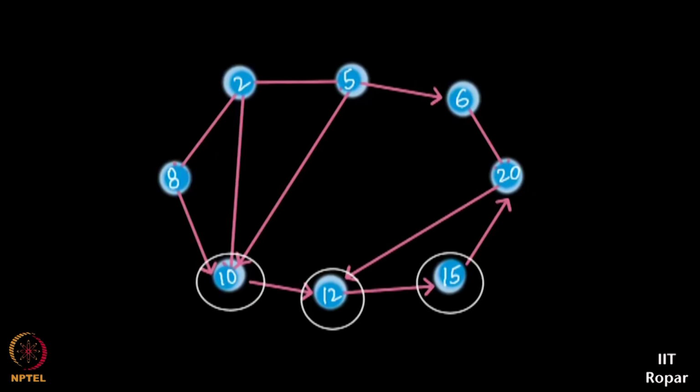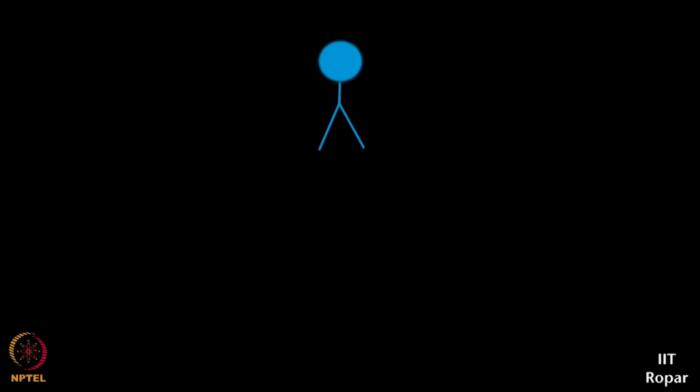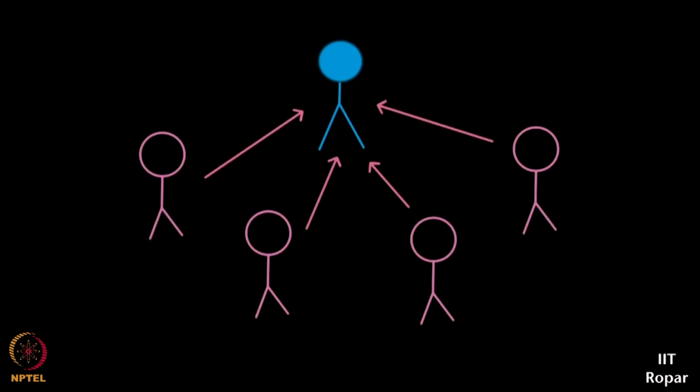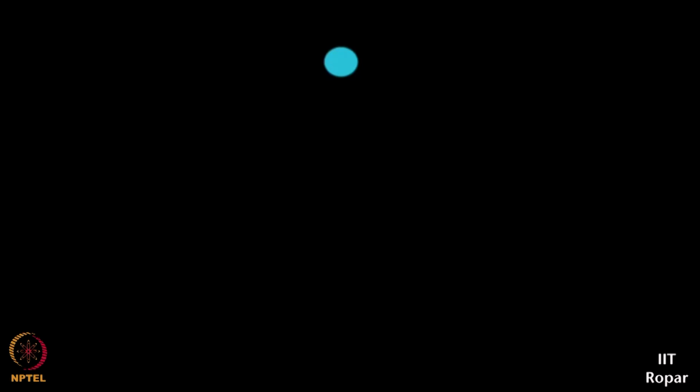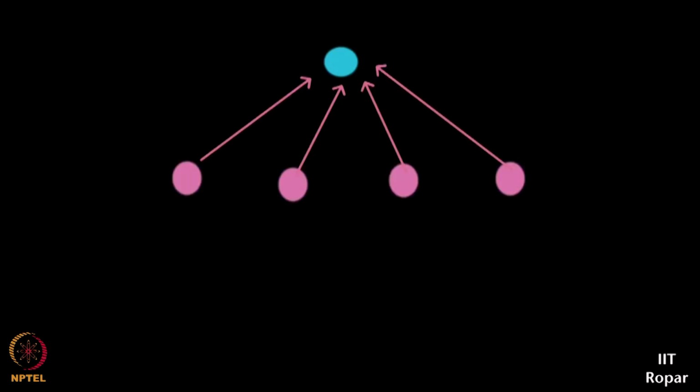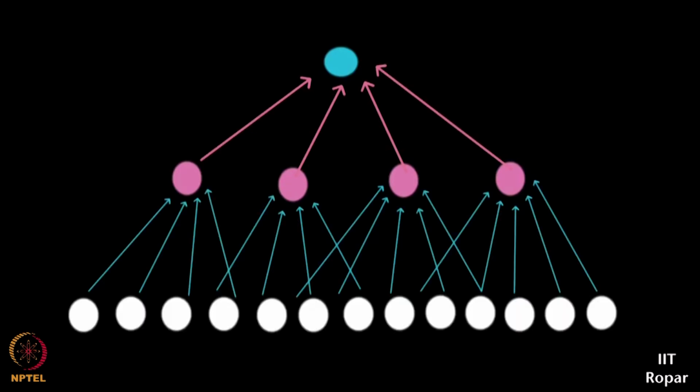So, intuitively speaking, a person is important if important people point to him. A node will get a lot of weight if it is adjacent to a few nodes, and these few nodes are all important. By important we mean they are adjacent to a lot more nodes. A node is adjacent to many nodes and these nodes are adjacent to many nodes and so on.